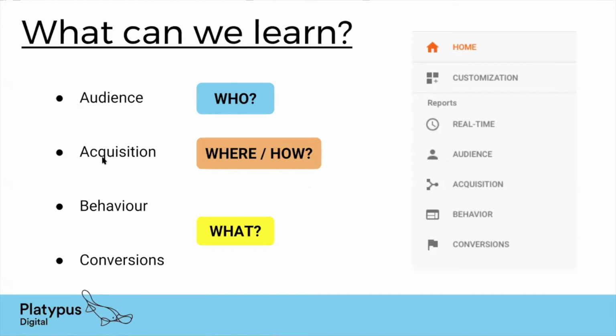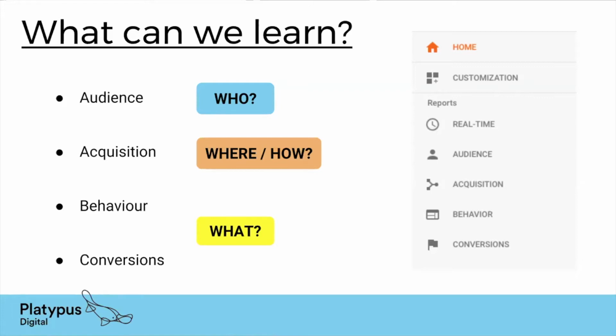Acquisition is where people are coming from or how are they getting to your website. So they might have clicked a link from a Facebook post or been referred from another website. And then behavior, and I've put conversions in here too because it's kind of related, is what people are actually doing on your website. Which pages are they visiting? How long are they spending looking at them?